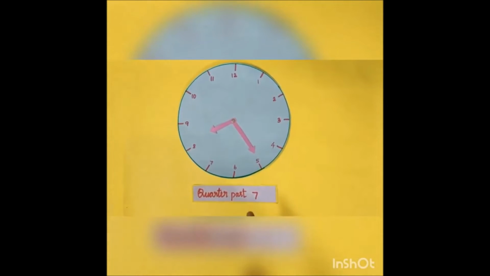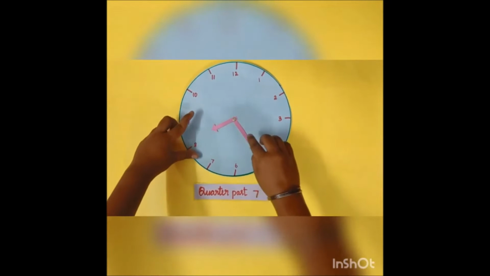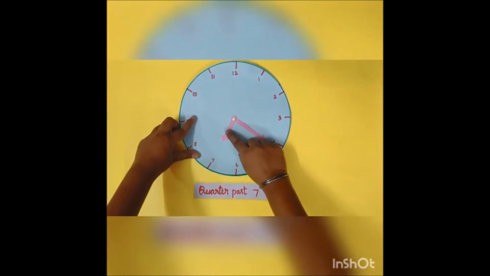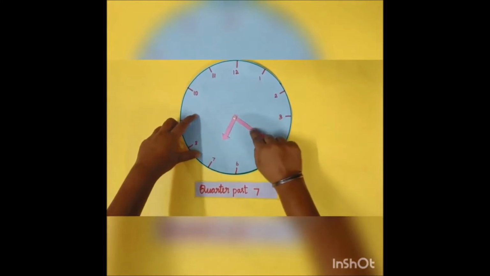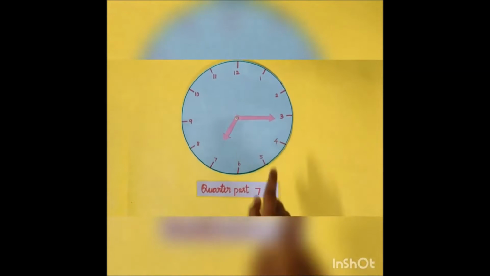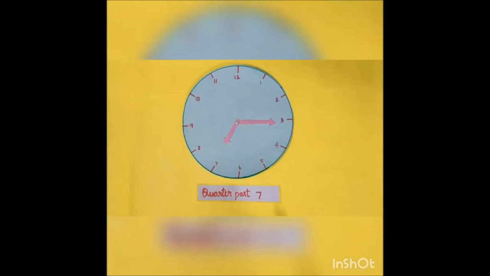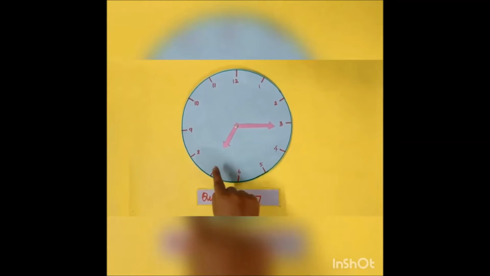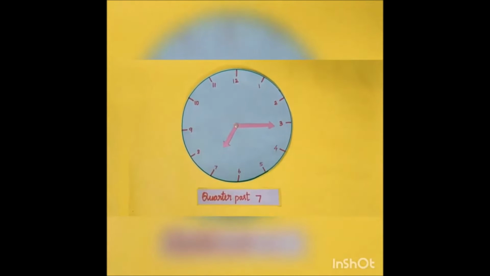So shall we place it, children? Okay. Now I am going to place this short hand towards 7 and the long hand towards 3. See here. Now it is quarter past 7. Otherwise we can say 7 hours 15 minutes. Do you understand, children?